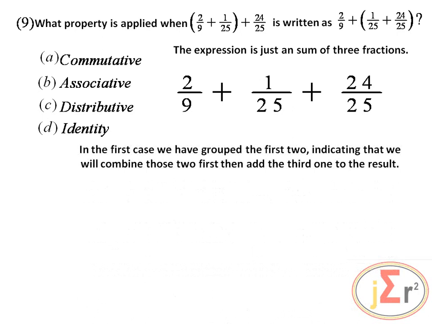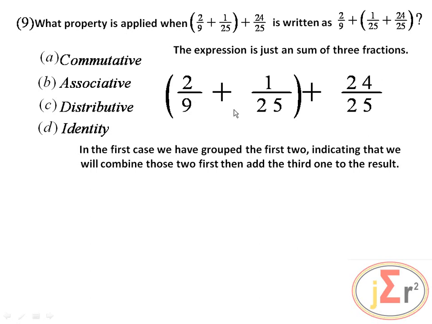However, in the first case, we have grouped the first 2, indicating that we will combine those 2 fractions, then add the third one to the result. So, that's what we mean. In the first case, we have these 2 grouped. So it is still a sum, but these 2 are grouped.